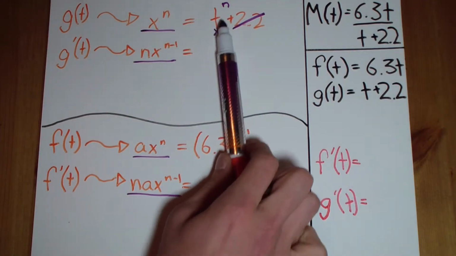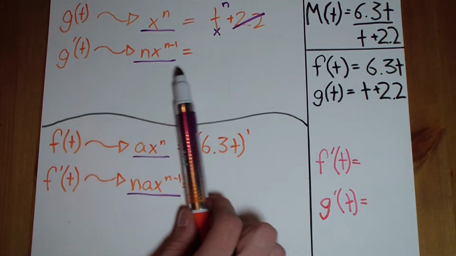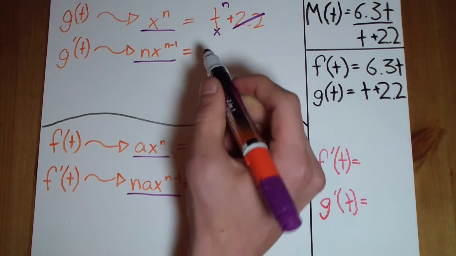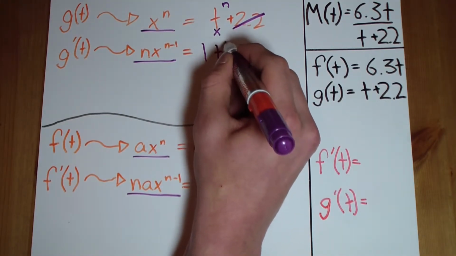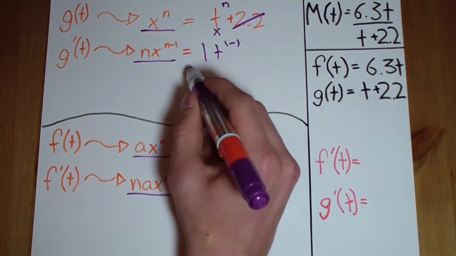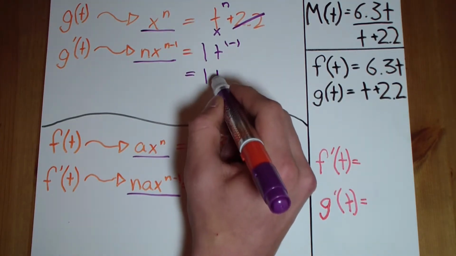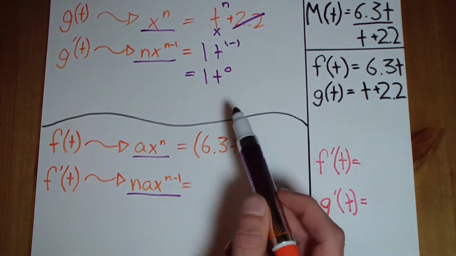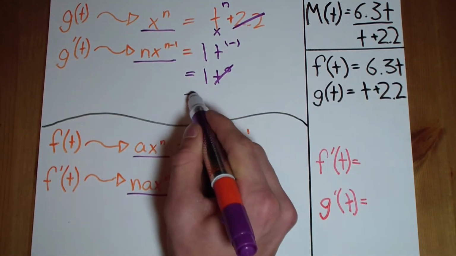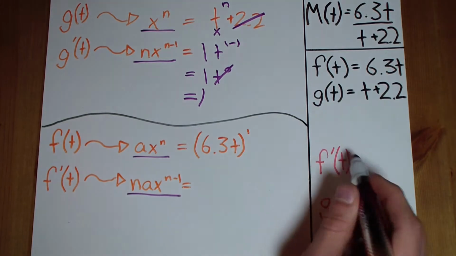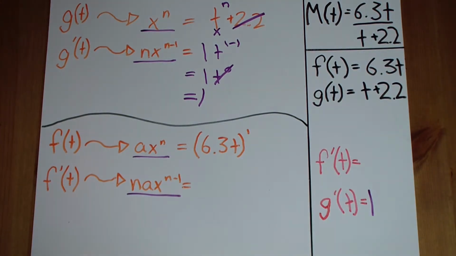We can now use these numbers and variables to rearrange and solve for the derivative. We now have t to the power of 0, which does not exist, leaving 1. Therefore, g prime is equal to 1.